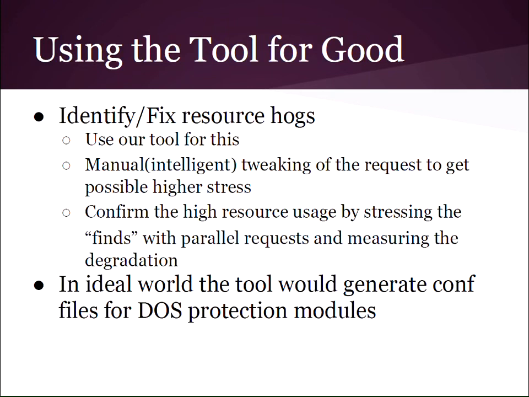For that, since it allows you to tweak the XML, you can also change parameters, make it more stressful for the server, think as a hacker, and use the tool to figure out what will happen.